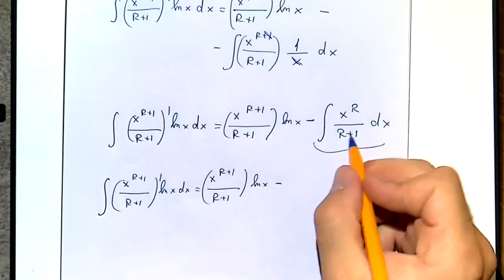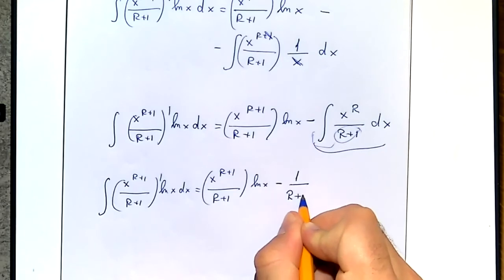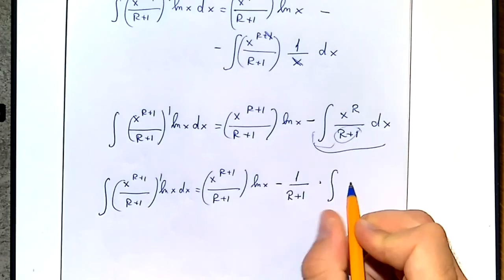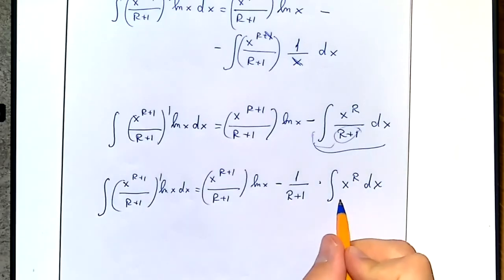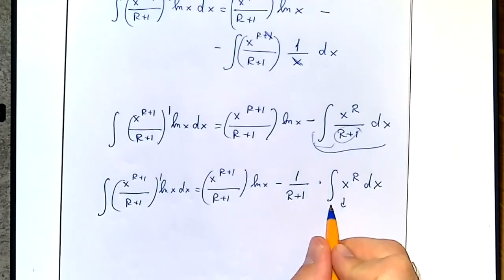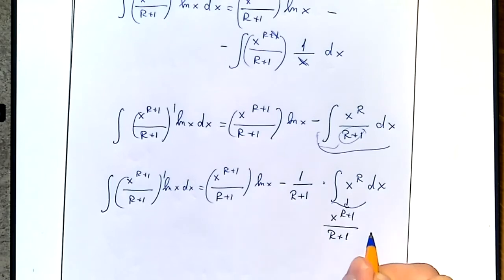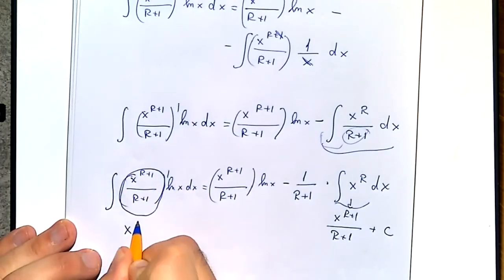Again, the 1 over r plus 1 pops in front, so it's 1 over r plus 1 multiplied by the integral of x^r dx. And this integral is just x^(r+1)/(r+1) plus a constant. Okay, and we're done, because this ugly thing is just x^r.